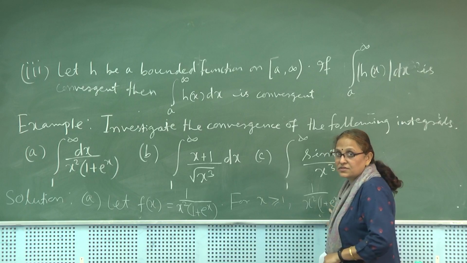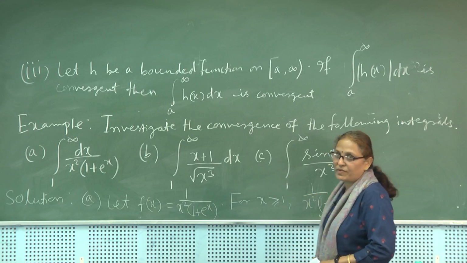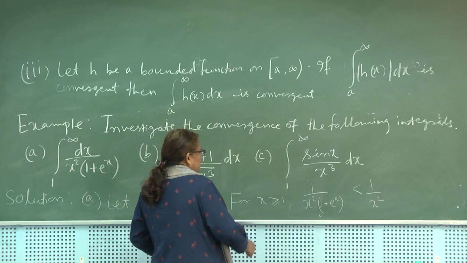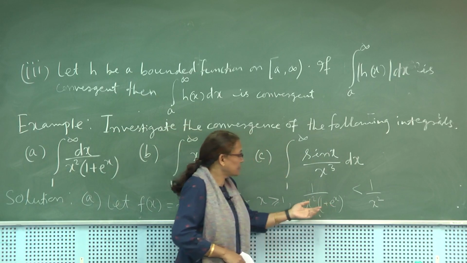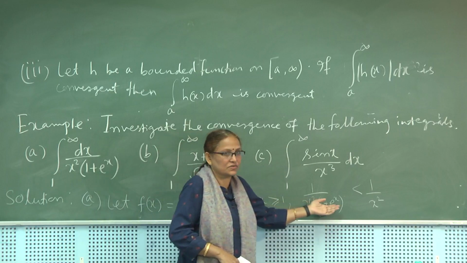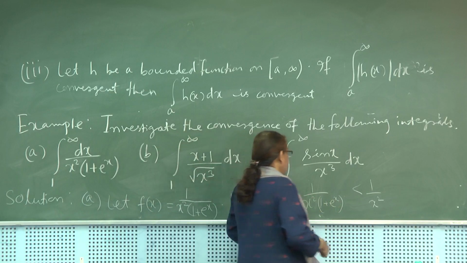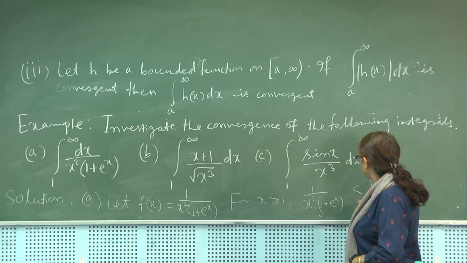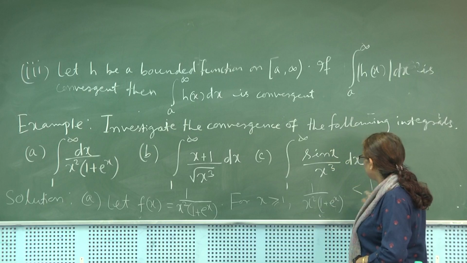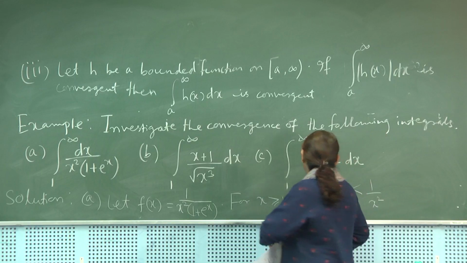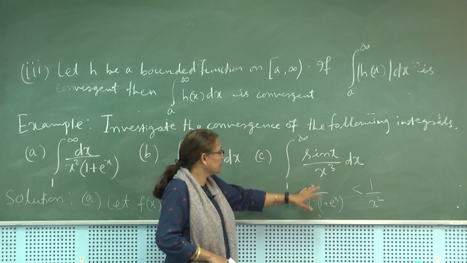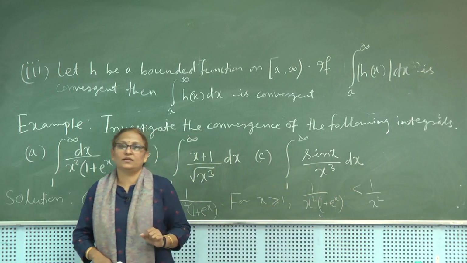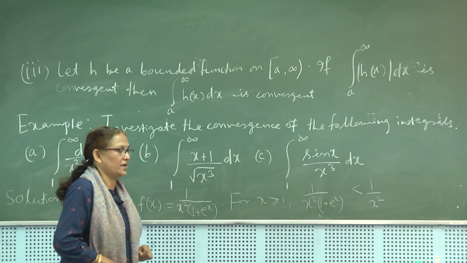Look at this factor, 1 plus e to the power x. So, in this range, of course, we always get that for other values of x also, but here certainly 1 upon 1 plus e to the power x is strictly less than 1, and therefore this function 1 by x square into (1 plus e to the power x) is strictly less than 1 by x square.